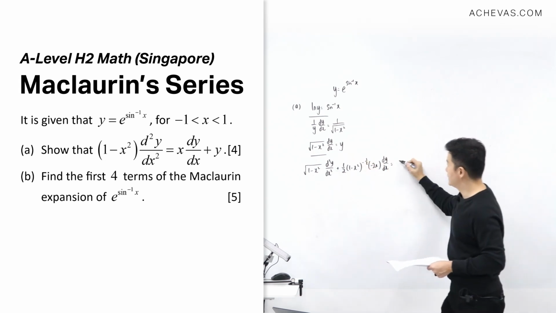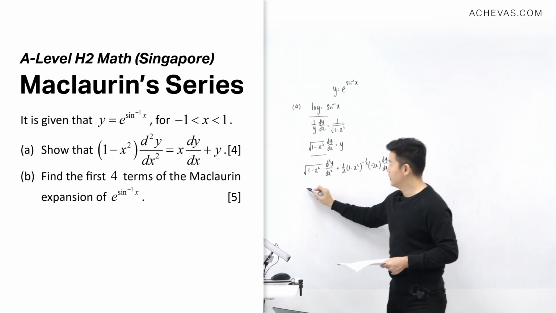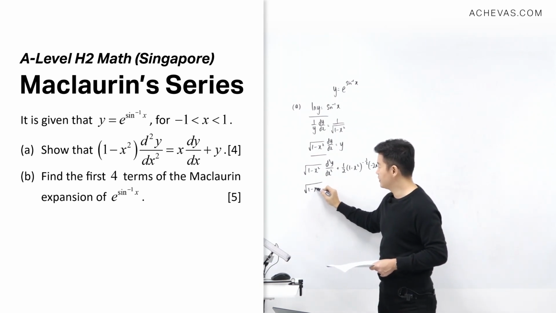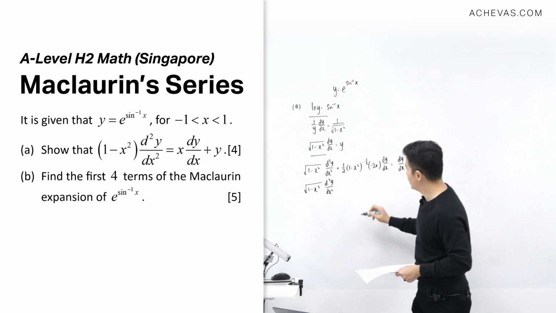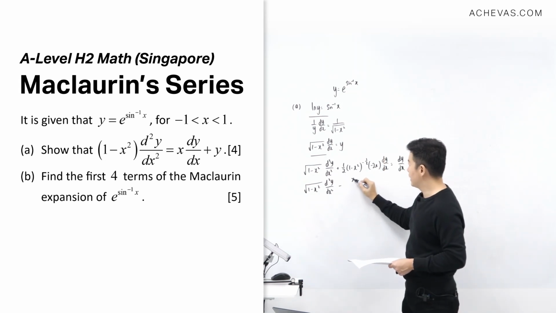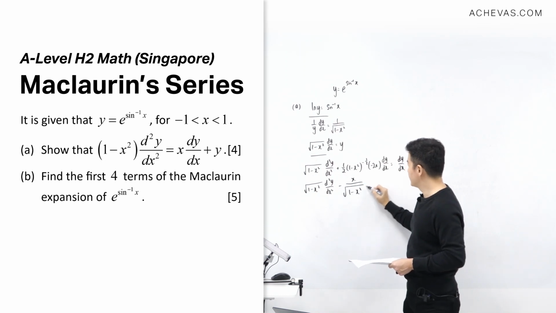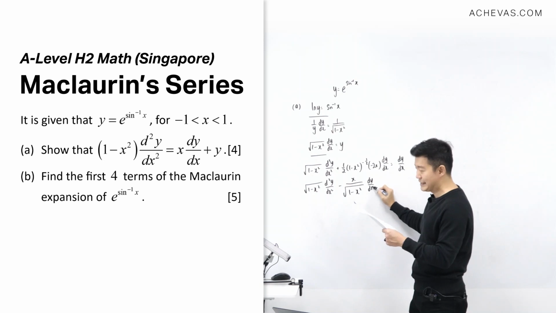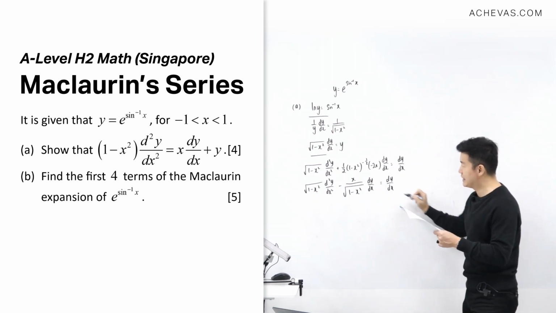This will be dy dx. Let's simplify this a bit first before we decide what to do next. So simplifying this, we'll have minus x over square root of 1 minus x squared, then dy dx. This is also going to be equal to dy dx.